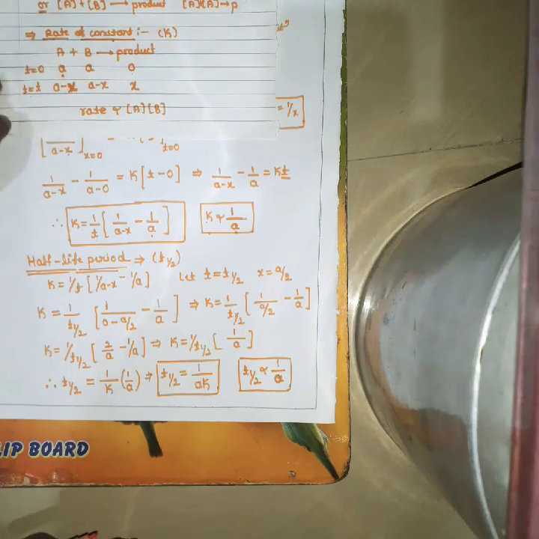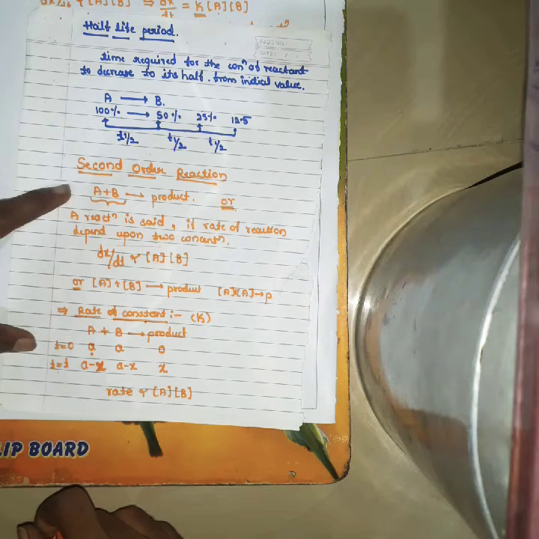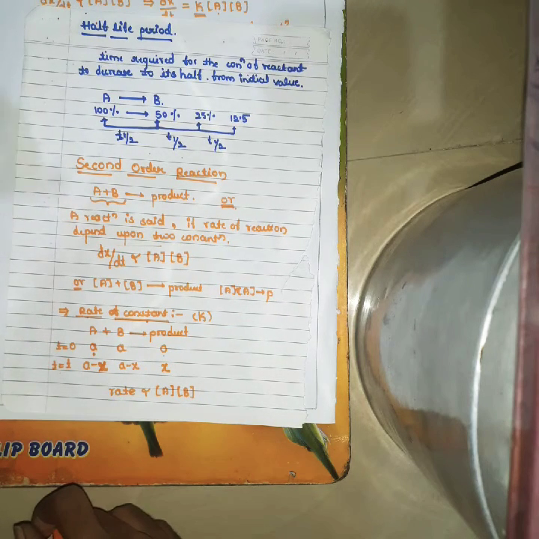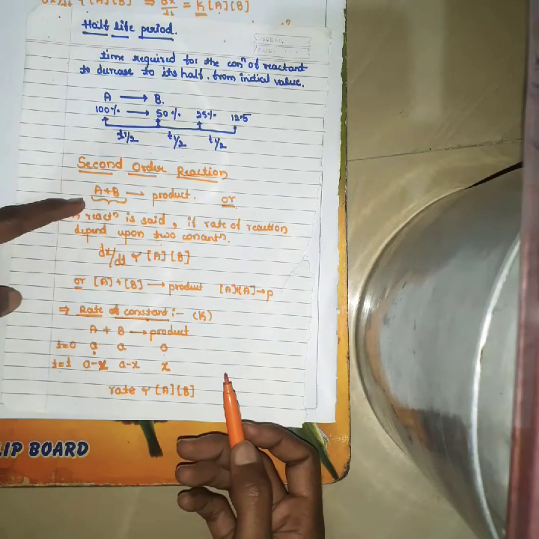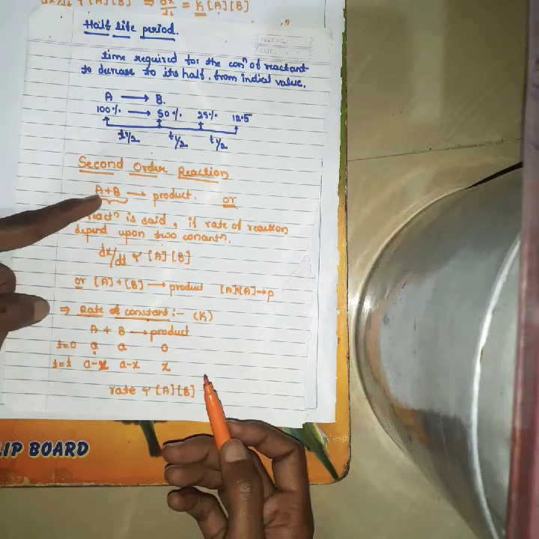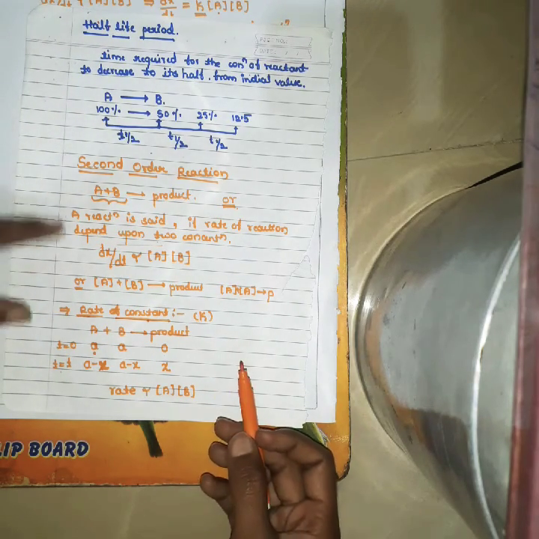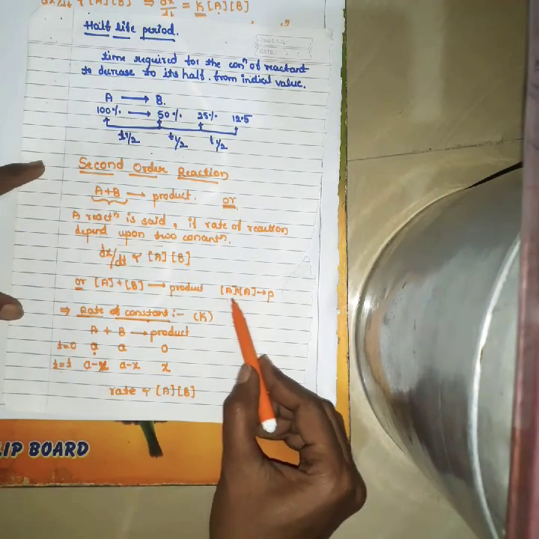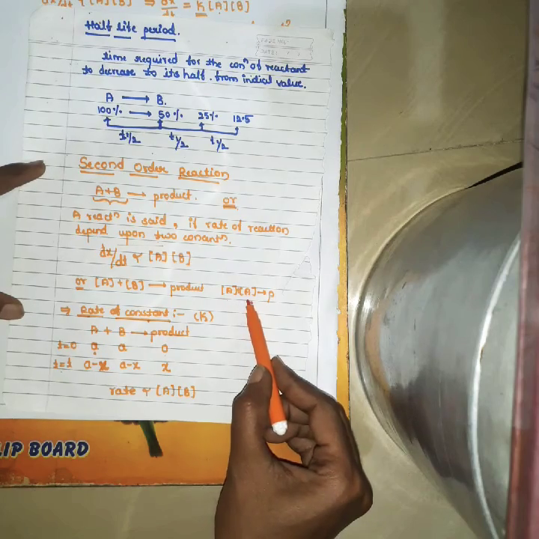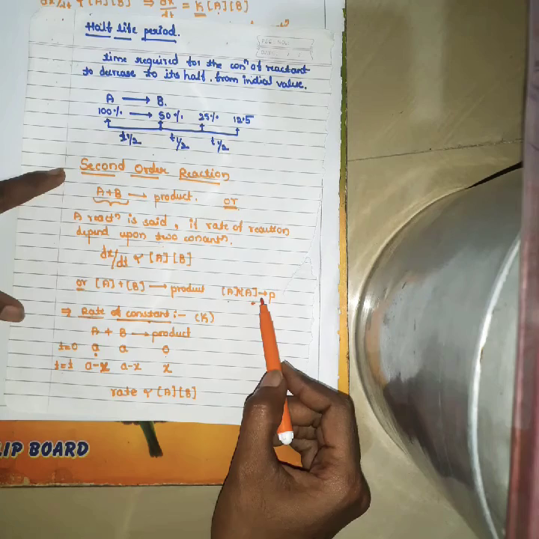See once again, for a second order reaction there are two reactants, or the rate of reaction depends upon both the concentration of A and the concentration of B. It may be A plus B, or both concentrations may also be the same; that is also a second order reaction.